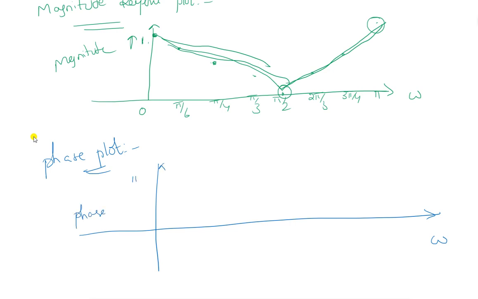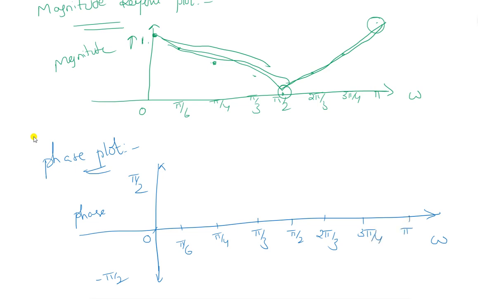So this is pi by 2, and this one is minus pi by 2, and this is 0. The omega axis is the same: pi by 6, pi by 4, pi by 3, pi by 2, 2 pi by 3, 3 pi by 4, and pi.